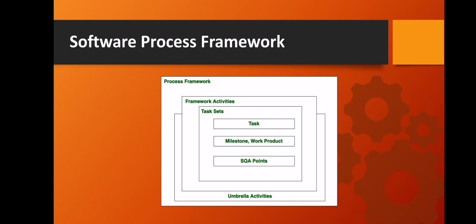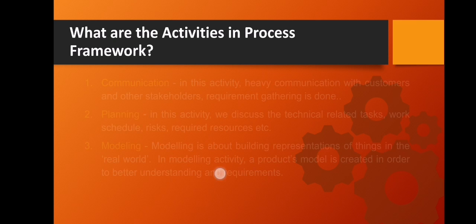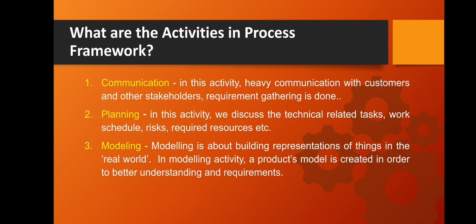Let us now discuss the different activities involved in the process framework. There are five activities involved: communication, planning, modeling, construction, and deployment. The first activity is communication.